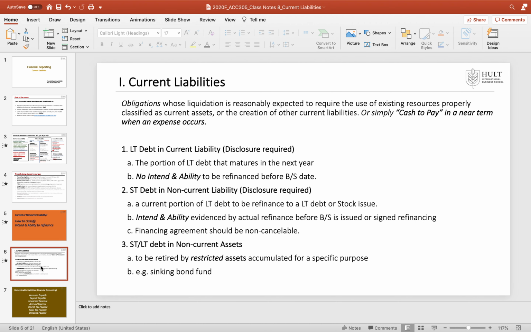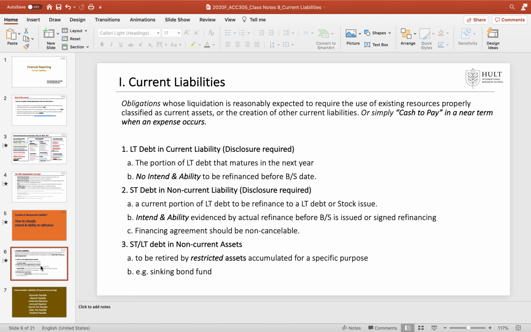Let's take an example of long-term debt in current liability: the portion of long-term debt that matures in the next year. Even though this is long-term debt, because the maturity is now less than 1 year, it is classified in current liability.